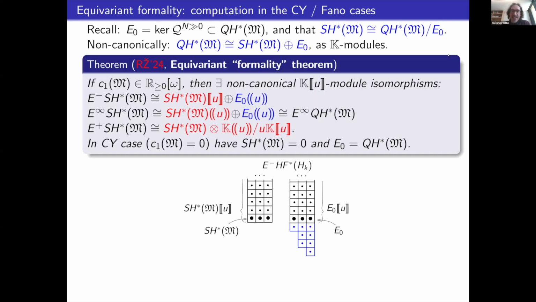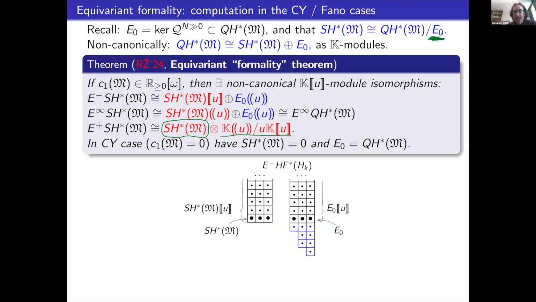The theorem we have is that in the Calabi-Yau or the Fano case, for the E plus theory, we do get equivariant formality. The equivariant cohomology is just the ordinary cohomology up to changing the ring by inserting the coefficients that you get from equivariant cohomology of a point. However, in the E minus and the E infinity theory, something interesting happens. So here, the ordinary symplectic cohomology, this E0 part vanished.